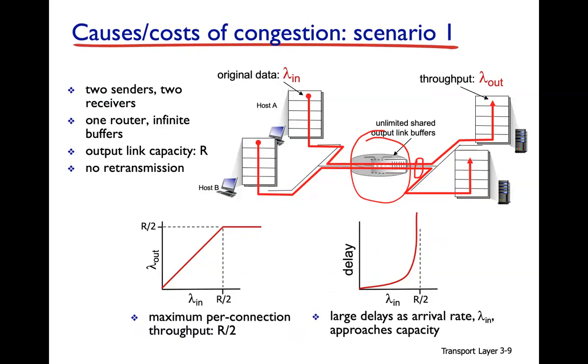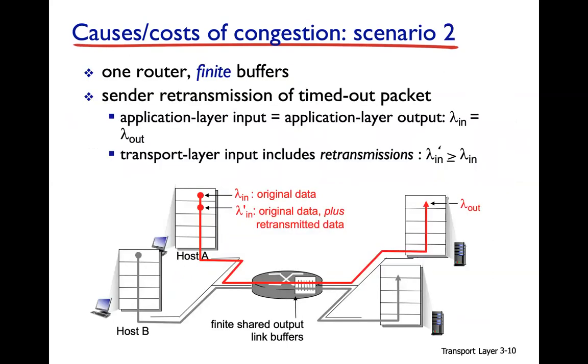But in our scenario, this infinite buffer does not exist. So what we will see is that our router has capacity on the output link, and we also have a capacity limit for the router. If there is no retransmission, the rate equals the application layer input.